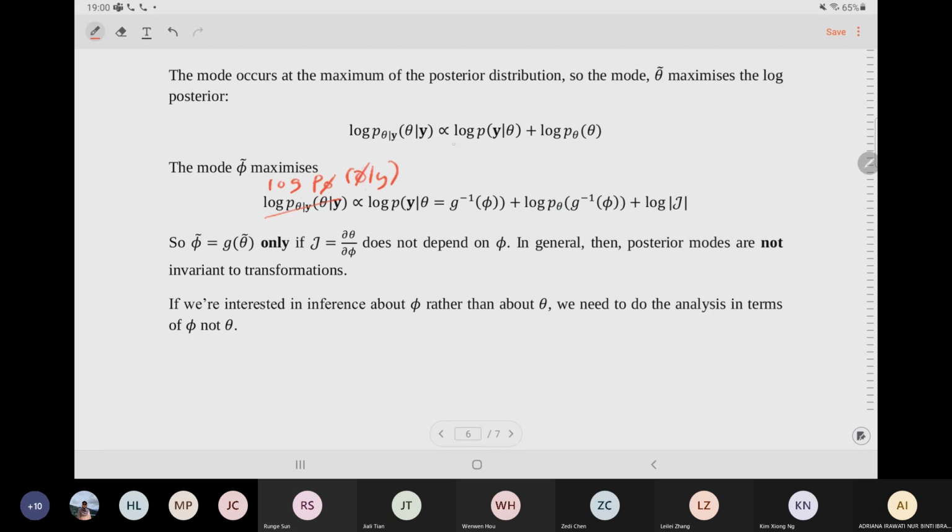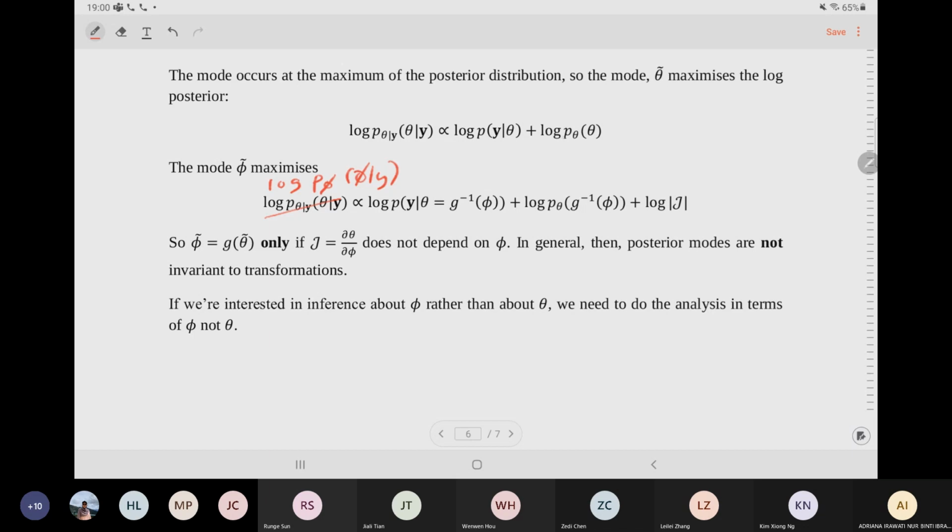So originally, theta tilde maximizes the log posterior of theta given y. And then you have your phi, then you have your log p of phi, which is the log of the likelihood after transformation, plus the prior after transformation. And then theta tilde equals g of theta tilde, meaning that this equals this.